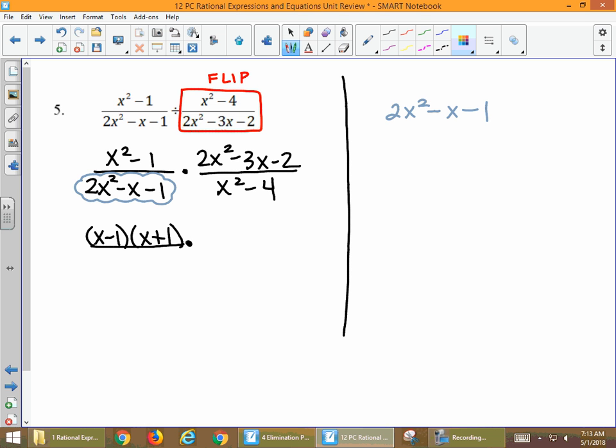All right, so I'm going to factor 2x squared minus x minus 1. 2 times negative 1 is negative 2. Two numbers that multiply to negative 2 and add to negative 1, and I'm getting that negative 1 from there, are negative 2 and positive 1.